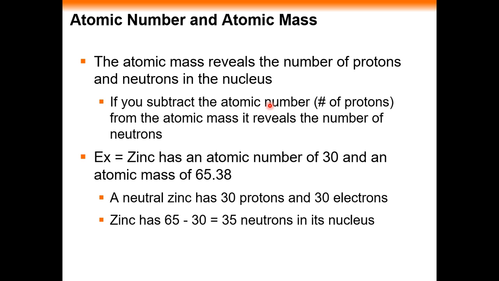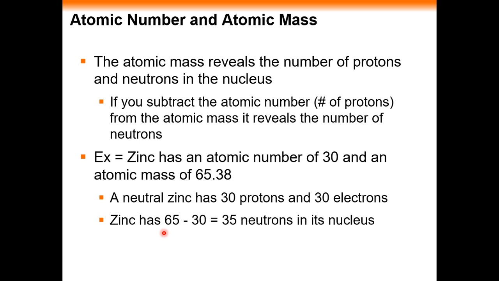And then the atomic mass is 65.38. Let's just call that 65. And then we look and we say, okay, zinc has 65 protons and neutrons total. And if we know it has 30 protons, we can subtract, and then we find out it has 35 neutrons. Because 30 plus 35 forms 65.